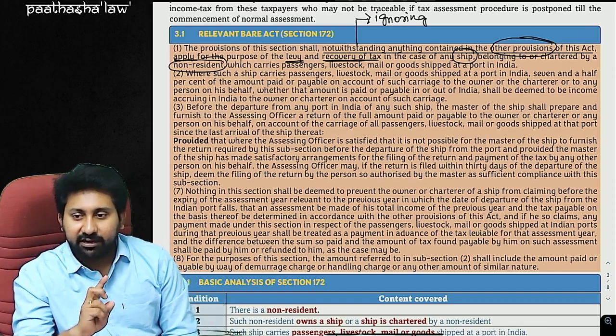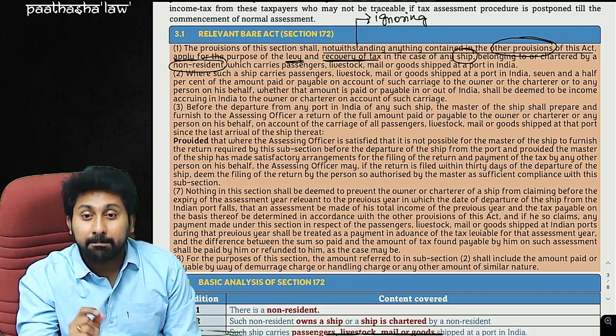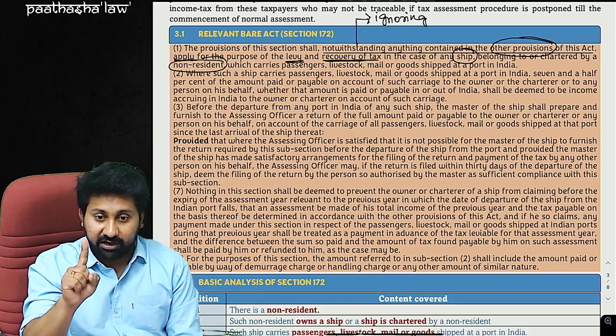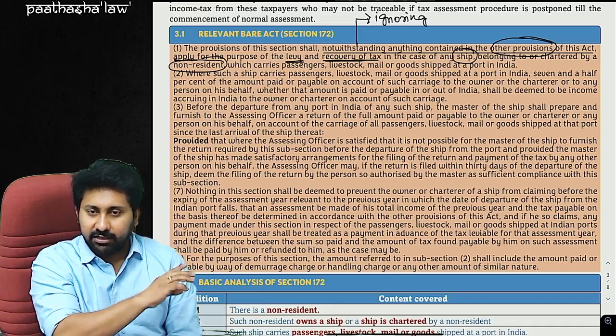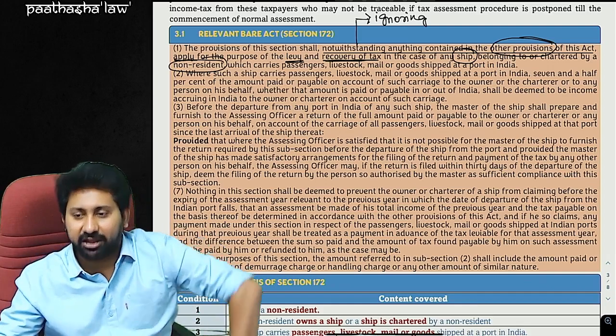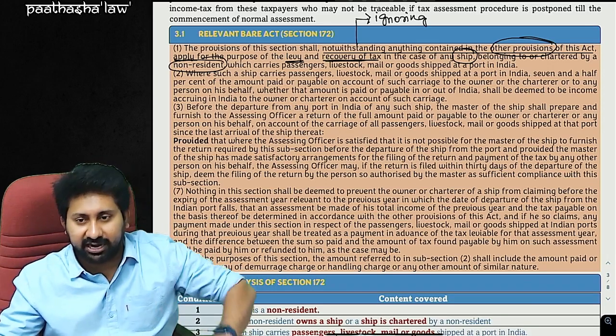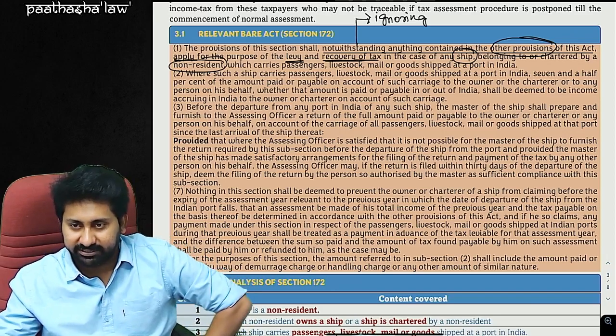First I will give you 2 minutes. I request everyone, please read subsection 1, subsection 2 and subsection 7. Nothing else is required. 3 is just a return filing concept that I will explain in 1 minute later. Read 1, 2 and 7.